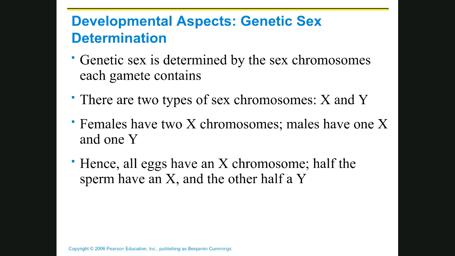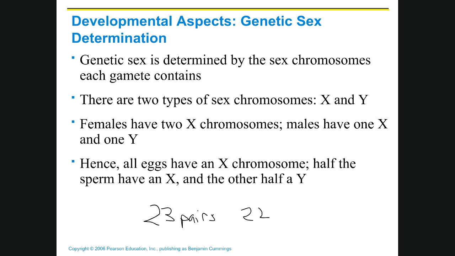So first of all, remember when you talk about humans, we have 23 pairs of chromosomes. Of those 23 pairs, 22 of those pairs are called autosomes.